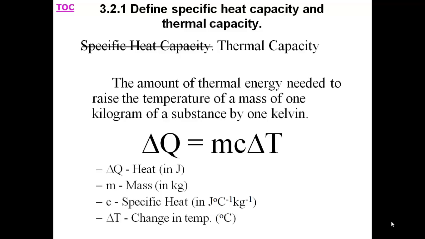So we have this new term, the thermal capacity, which is the amount of thermal energy needed to raise the temperature of a substance by 1 Kelvin. So there's no reference to the mass here. So the thermal capacity, in this case C, is very large if the mass is very large.